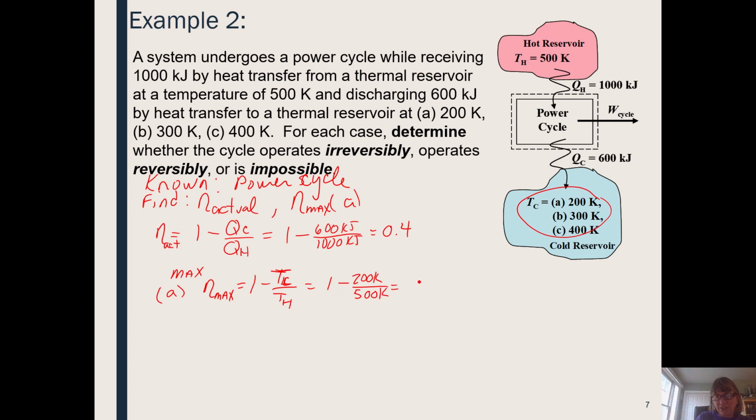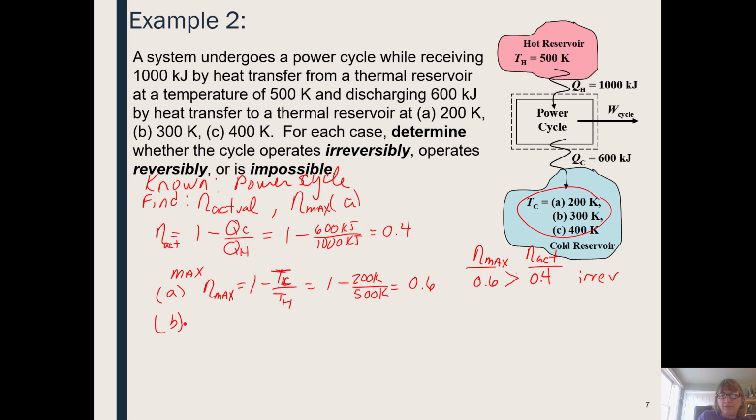When we do this math, that comes out to be 0.6. So if we're comparing our max to our actual, we have 0.6 relative to 0.4, so the actual is less than our maximum. So we have irreversibilities present, because it's less than the max.